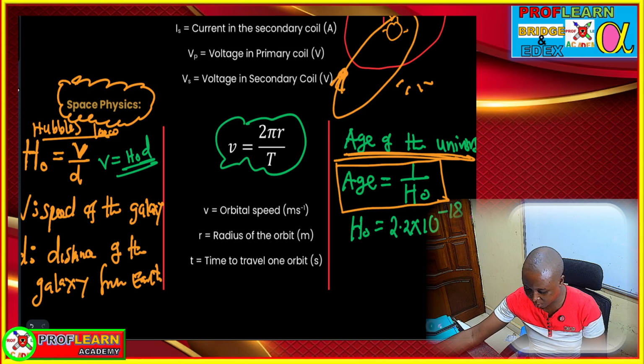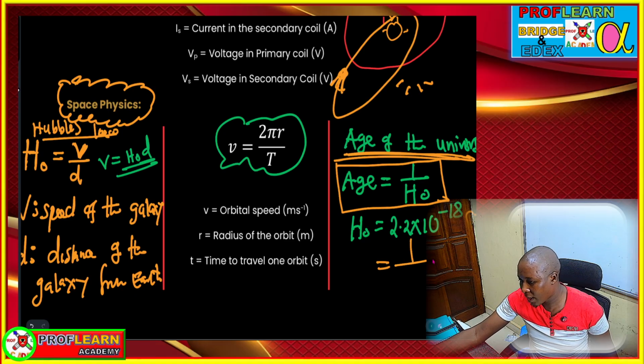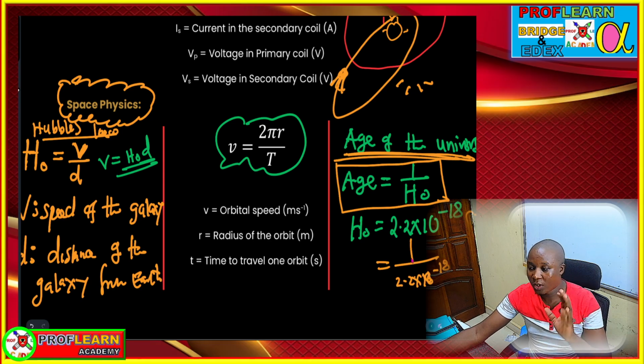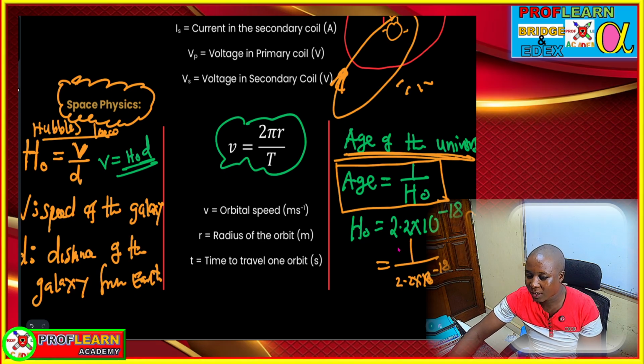Per second, we need to identify that. So if you take that value and say 1 over 2.2 times 10 to the power negative 18, you are going to get the age of the universe. And if they ask you in years, you need to work it out.